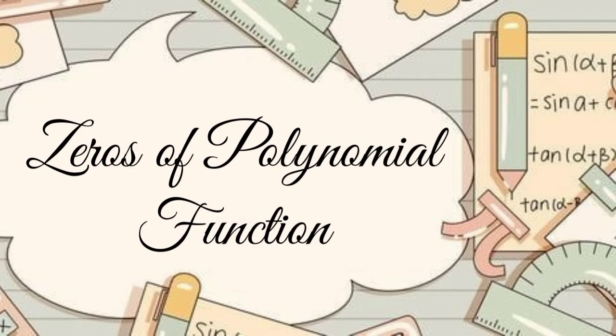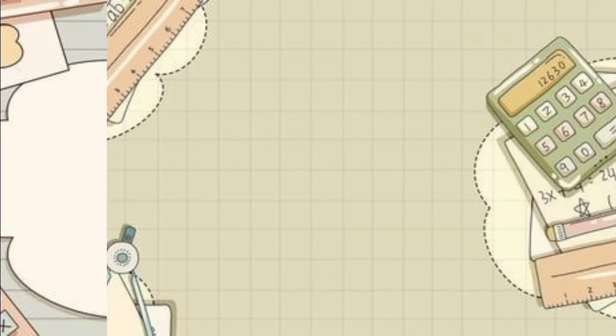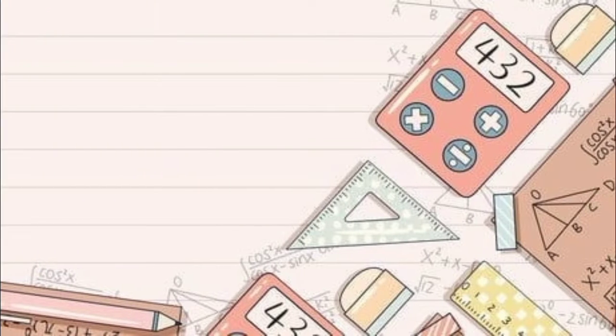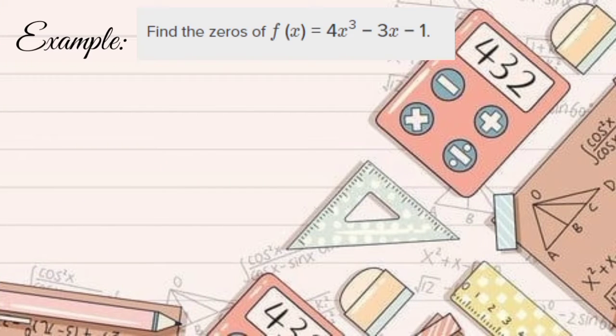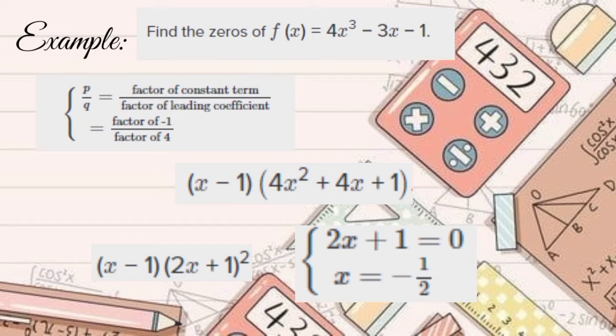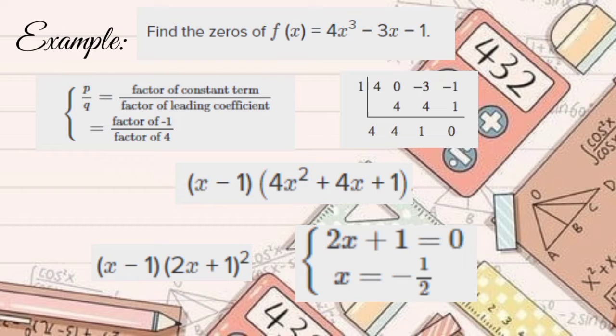Zeros of polynomial function. The rational zero theorem helps us to narrow down the list of possible rational zeros for polynomial functions. For example, find the zeros of f(x) equals 4x cubed minus 3x minus 1. The rational zero theorem tells us that if p over q is a zero of f(x), then p is a factor of 1 and q is a factor of 4.